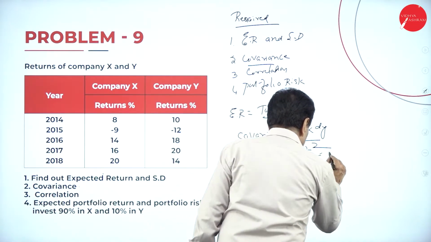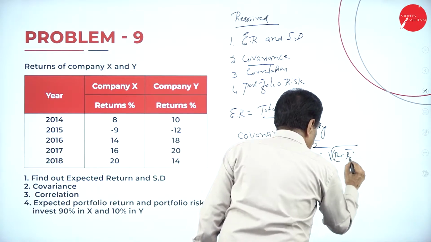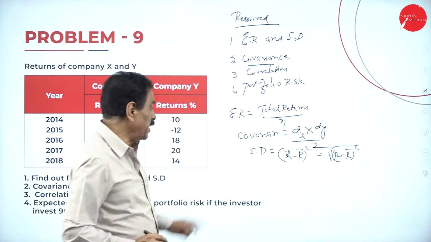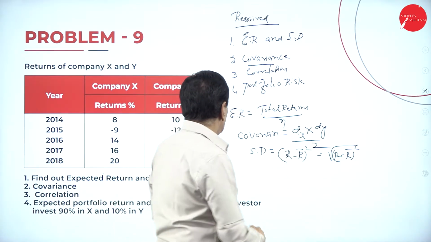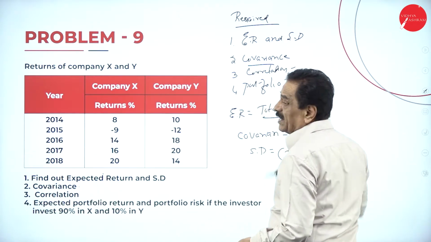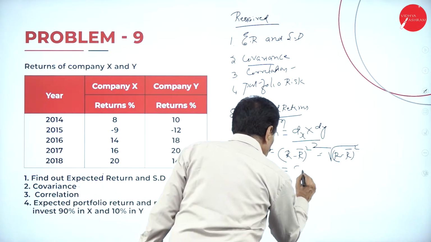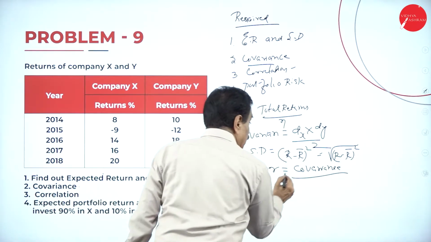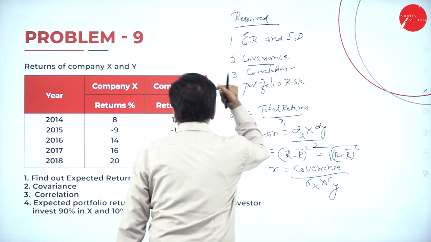When you get the root of R minus R mean whole square, then covariance dx into dy you are going to calculate. Then what we require is the correlation. R is equal to covariance divided by standard deviation x into standard deviation y.